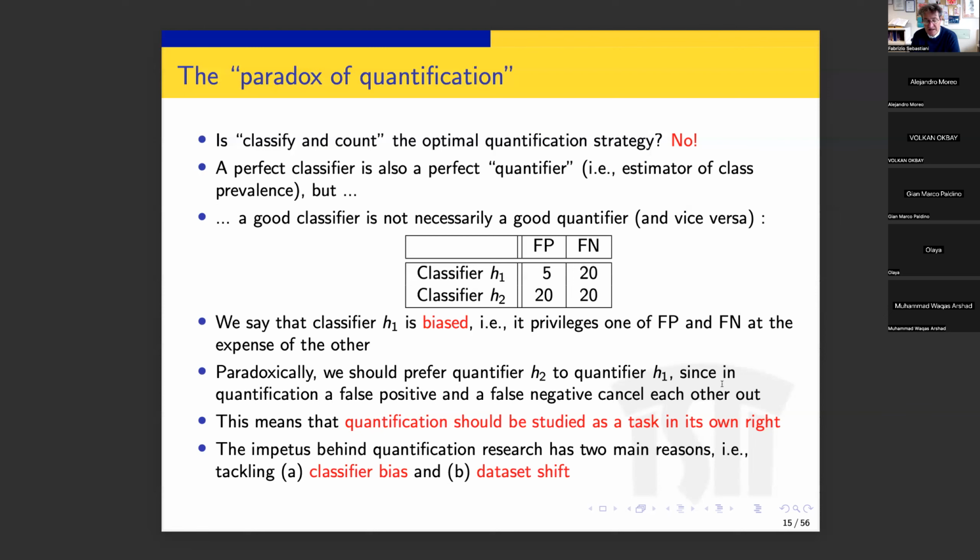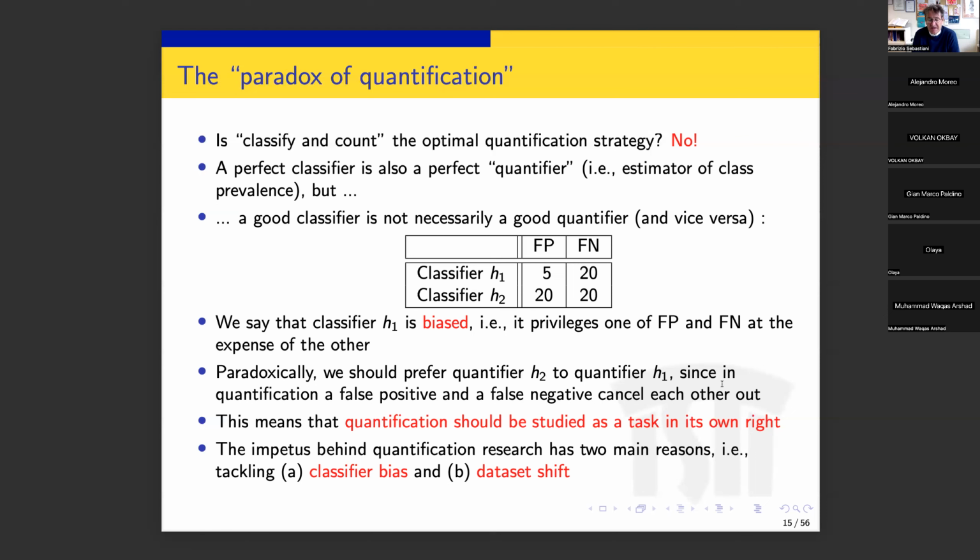So their combined effect amounts to 0. So H2 is a better quantifier than H1. This shows that quantification and classification cannot be seen as the same task. You cannot see quantification as a byproduct of classification, because classification pursues different goals with respect to quantification.